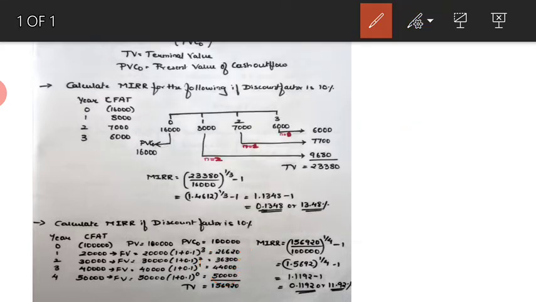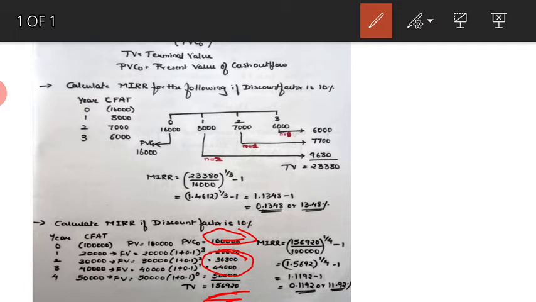So the summation of future values of cash flows after tax gives you the terminal value, which is 1,56,920, and your present value of cash outflow is 1 lakh. Now we have got both the variables, the terminal value as well as the present value of cash outflow. Find out the MIRR.